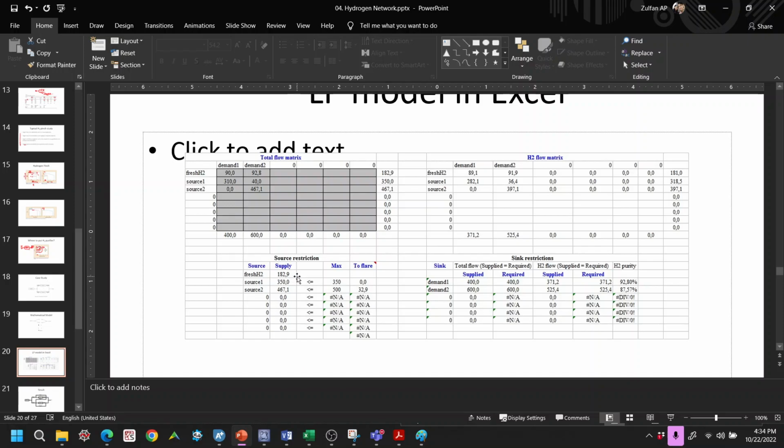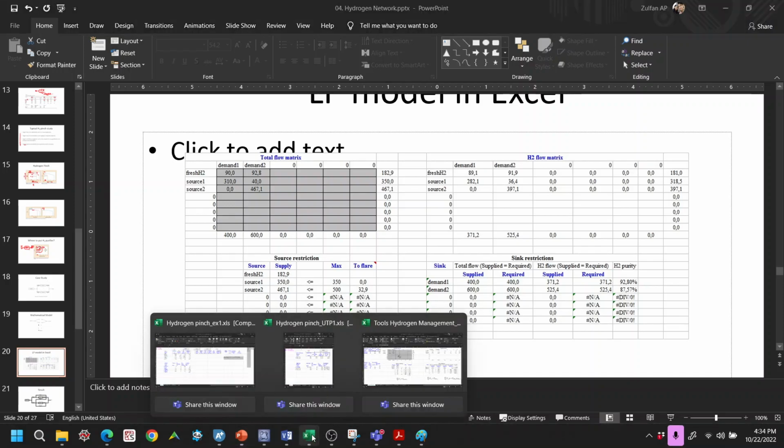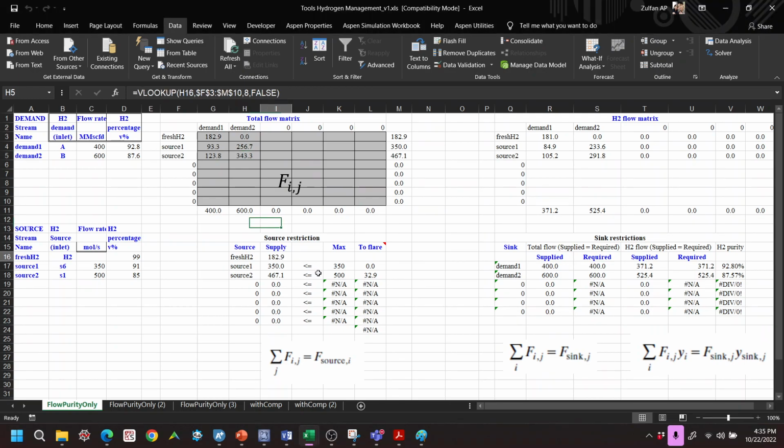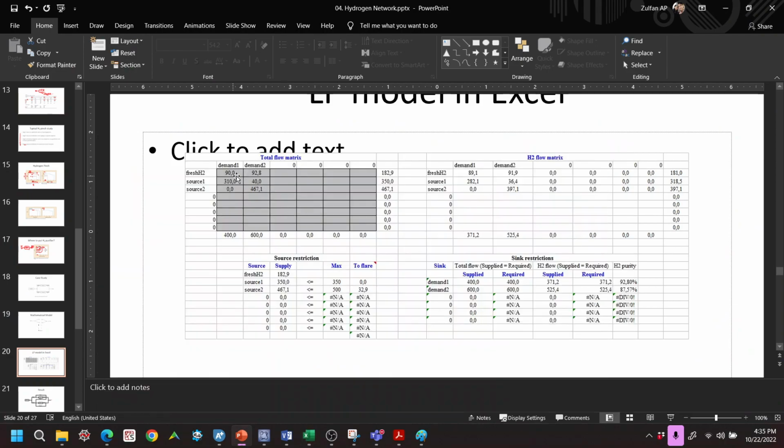So in this case, it's 182.9, the same, just that in this case it goes ultimately all to demand 1, while in here you have it split somehow. I don't know why.